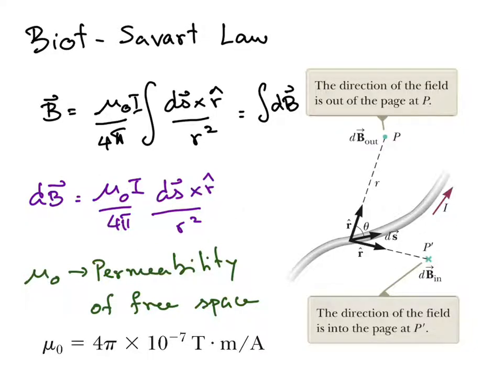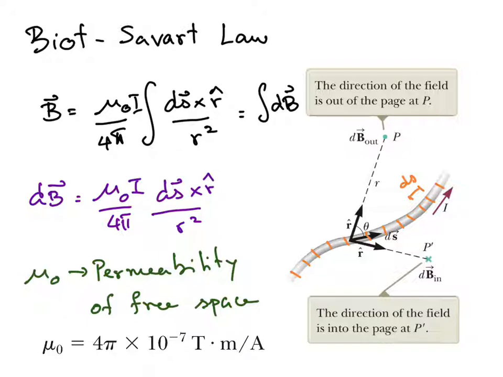The meaning of this term is that if we have a wire as in this figure and we divide it into small segments, each segment has length ds, and we define the length vector.